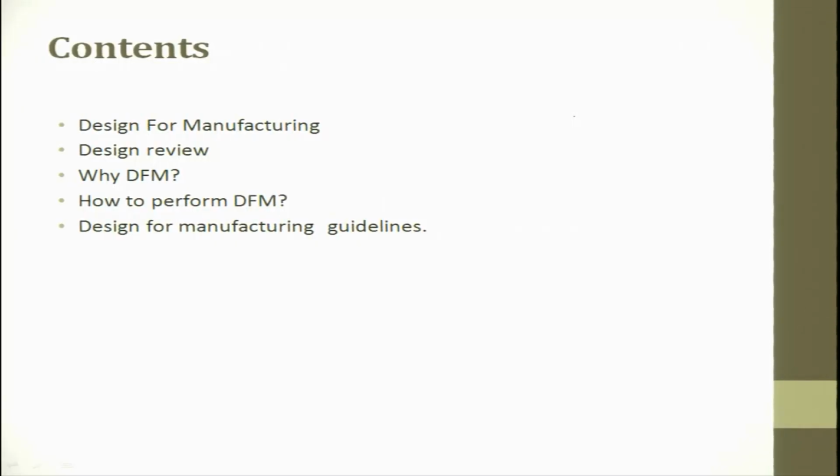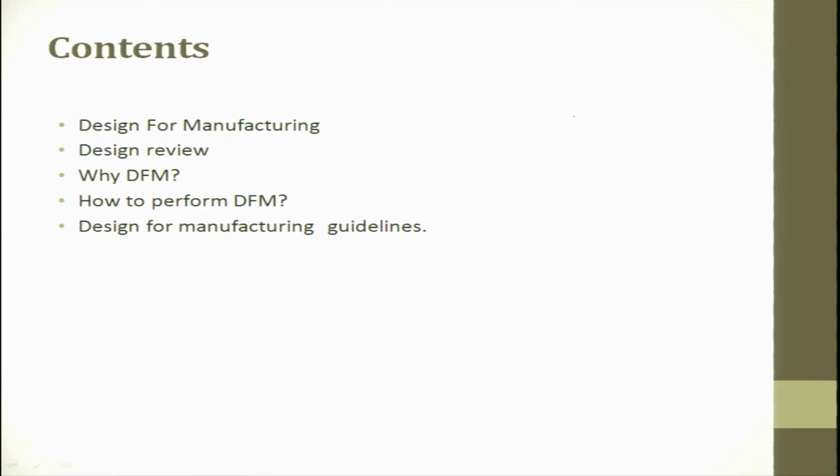So, we will try to understand what is design for manufacturing, then design review, then why design for manufacturing, how to perform design for manufacturing, and then some basic guidelines which have been drafted over a period of time. Today, design for manufacturing is followed by every automotive company.